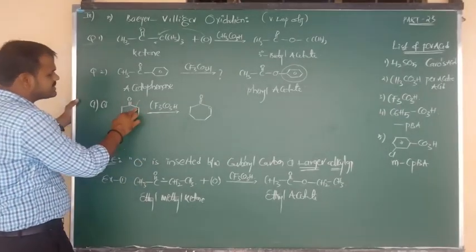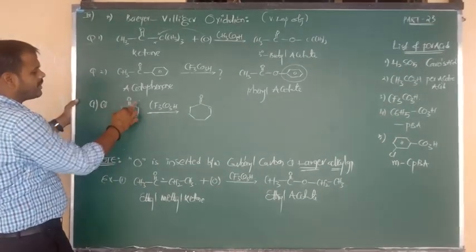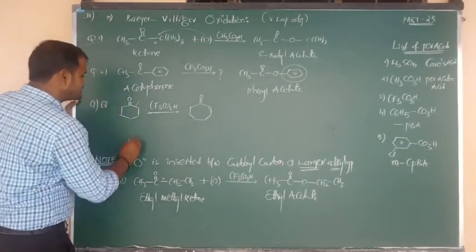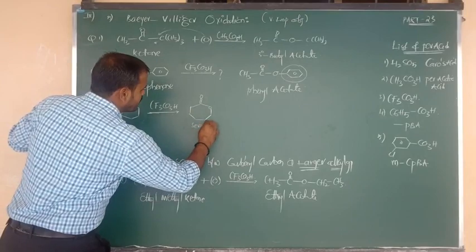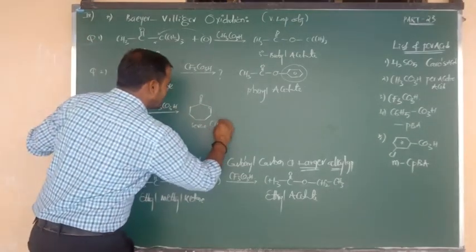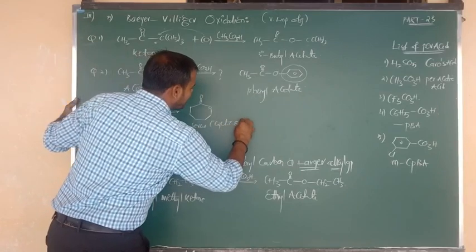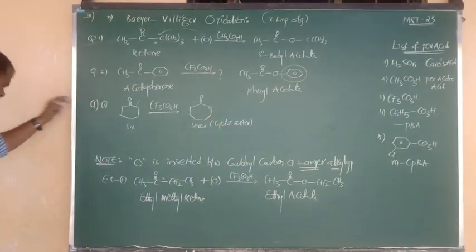So simply we can consider this as CH2 between the alkyl carbon and C double bond O. Insertion of oxygen takes place. The 6-membered ring is converted into a 7-membered ring. It is also known as C double bond O, O, C, meaning we can prepare the cyclic ester. I hope you understand. Last and final question.